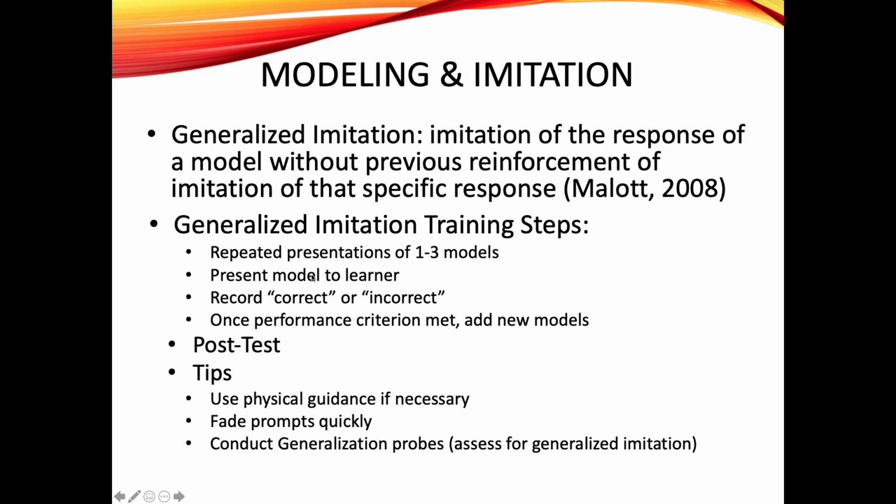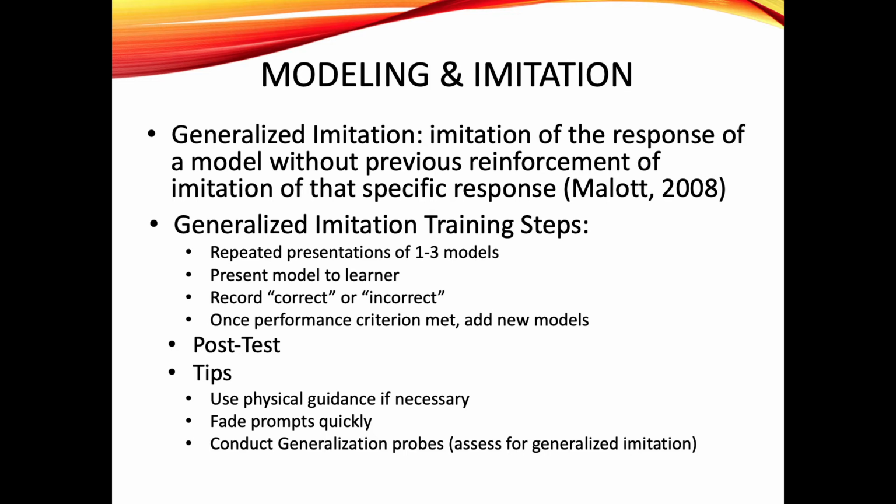So you present the model to the learner, and then you record whether they imitate correctly or incorrectly. Once performance criterion is met, you add a new model. So if they're not imitating, you're providing these small foundational model imitation trials. And when they do them correctly, you move on, you add another model.